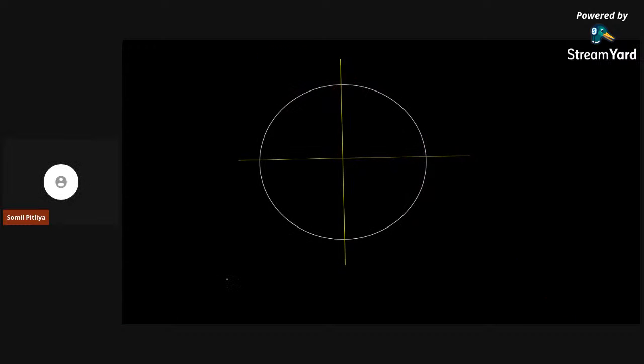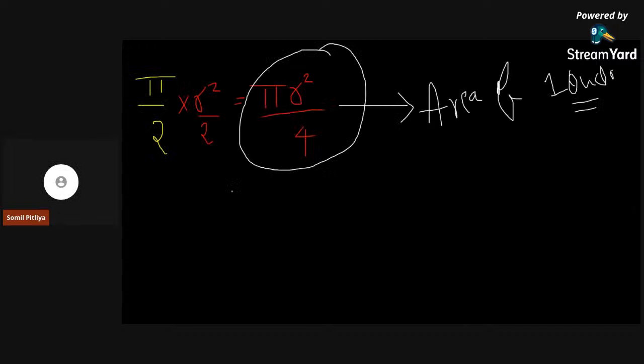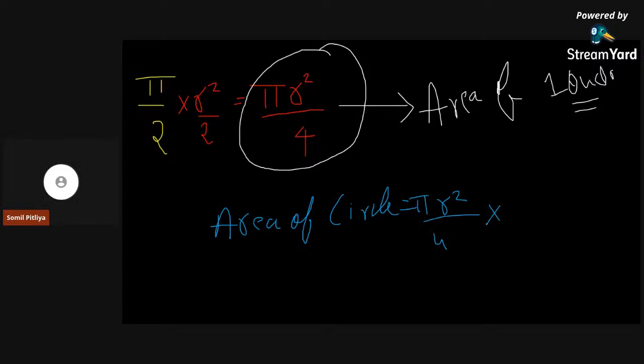So the area of the circle will be pi r square by 4 into 4, which comes out to be pi r square, as the 4 cancels with the 4. So I get the area of the circle to be pi r square, where r is the radius and pi is our favorite 22 by 7.